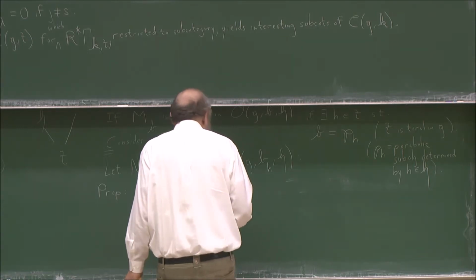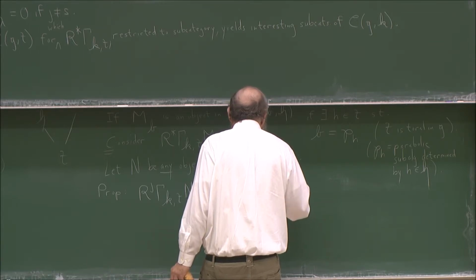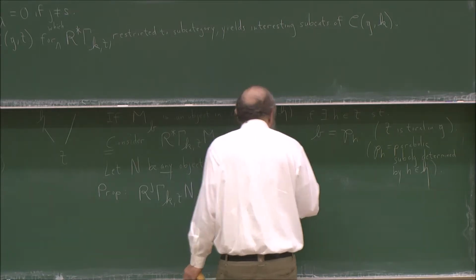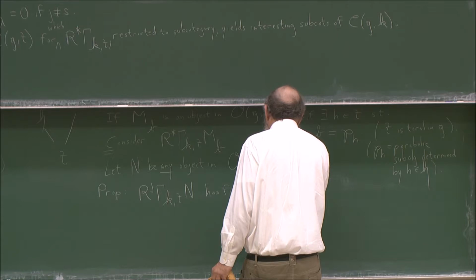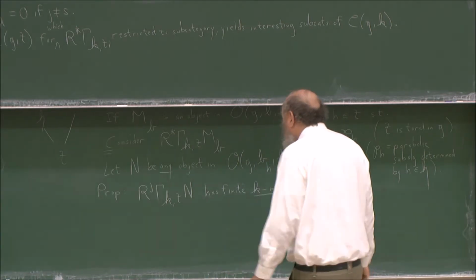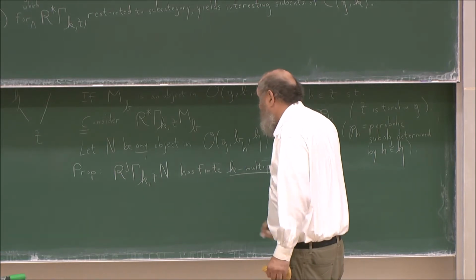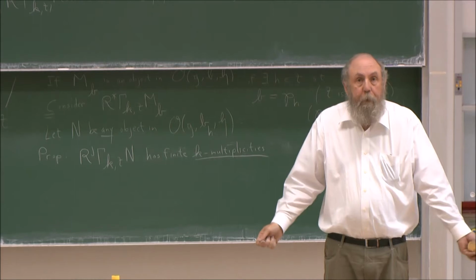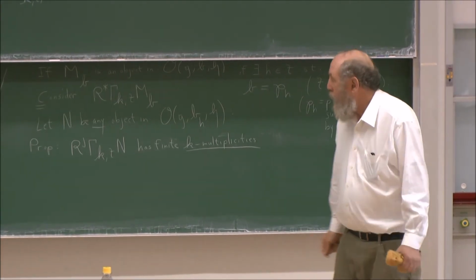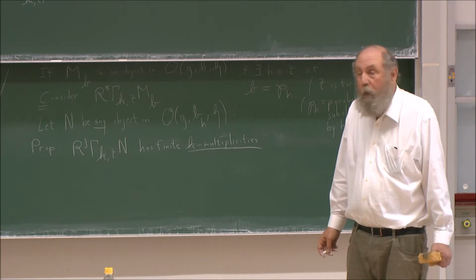Even rather than using that technical term, has finite K multiplicities. Alright, so by construction, the derived functor module is a (g,K) module. It's semi-simple over K. But it's not obvious that it has finite multiplicities.